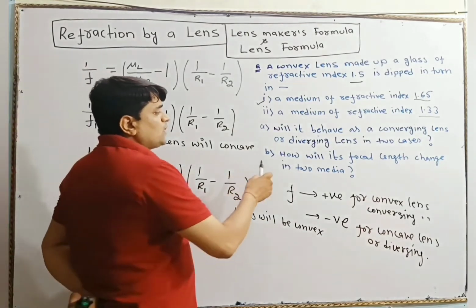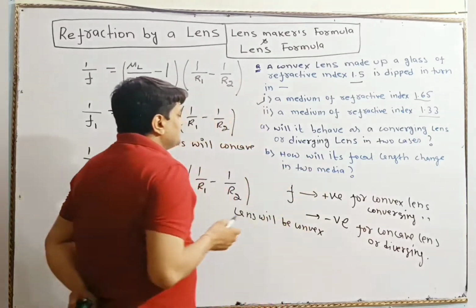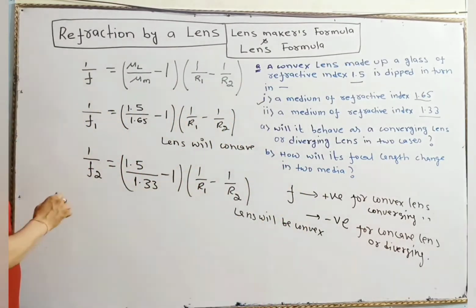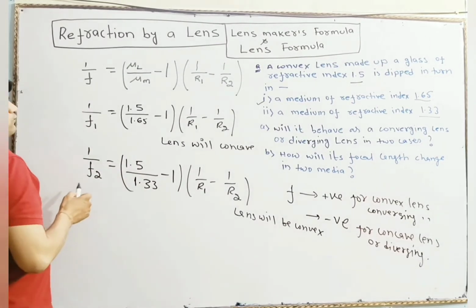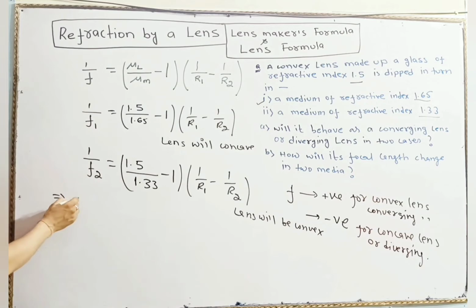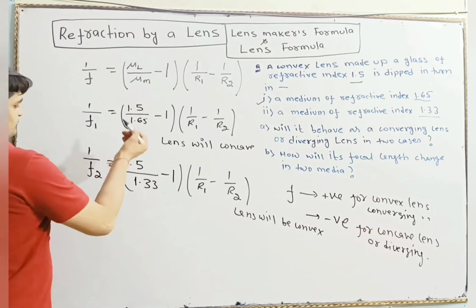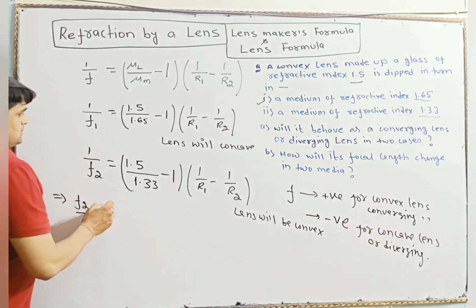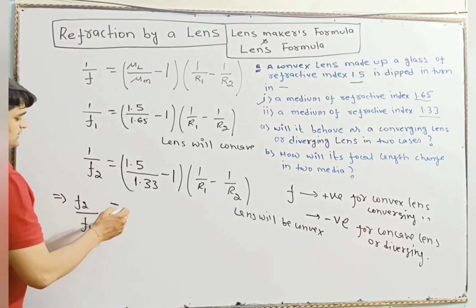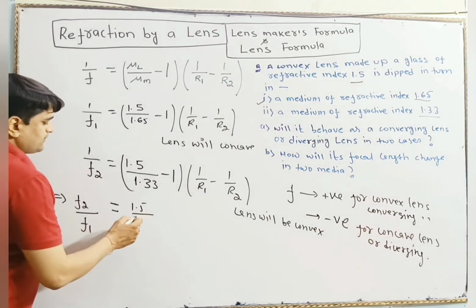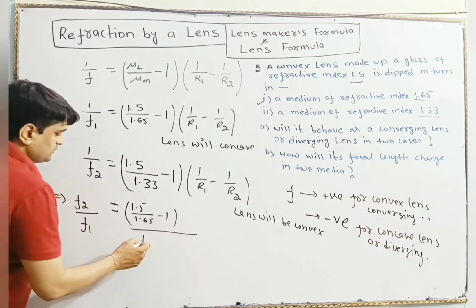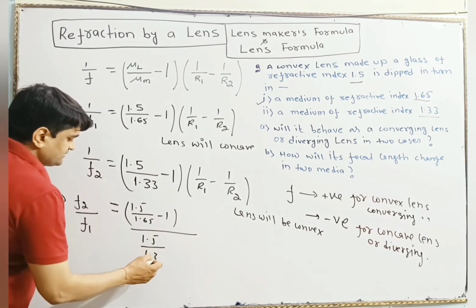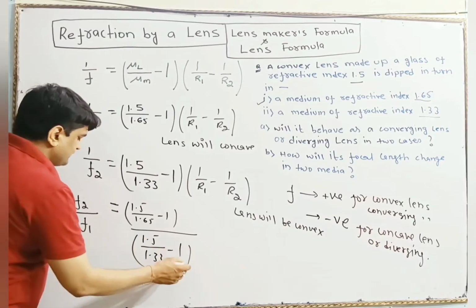In the second part, how will its focal length change in the two media? Let's divide them. If I divide, f2 upon f1 will be (1.5 upon 1.65 minus 1) upon (1.5 upon 1.33 minus 1).